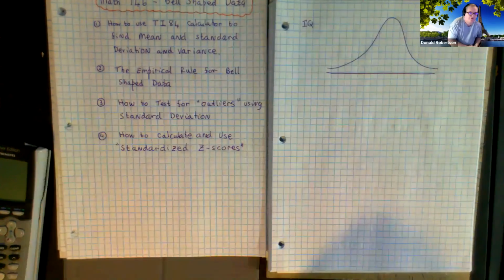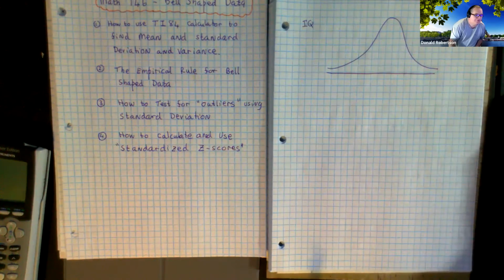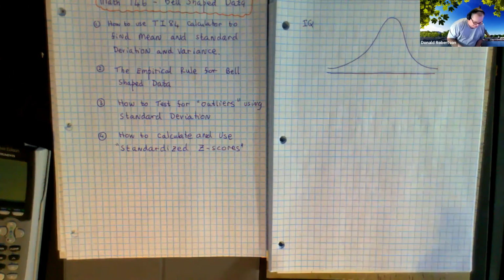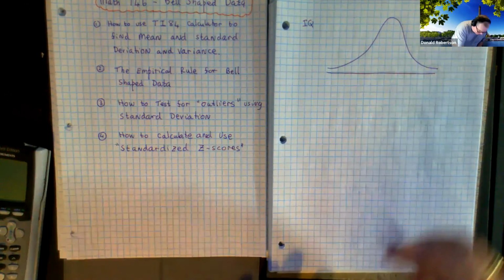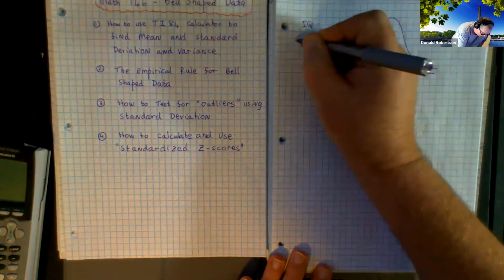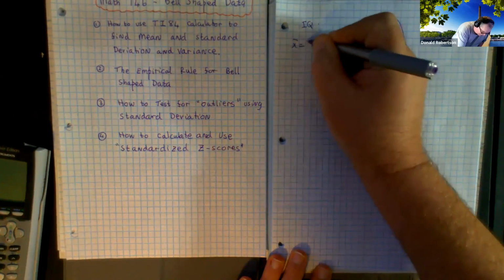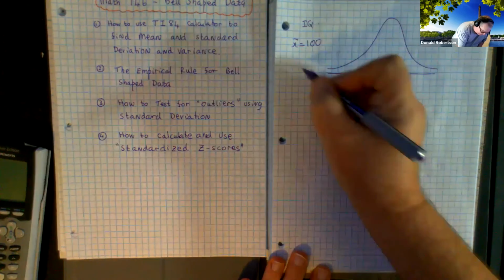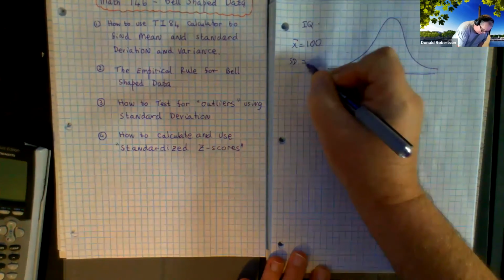You've heard of IQ scores before? Pretty sure you have. They used to be a lot more important and bigger in the past. Today it's kind of a novelty. But the average IQ of an American adult is about 100. And the standard deviation is about 10.